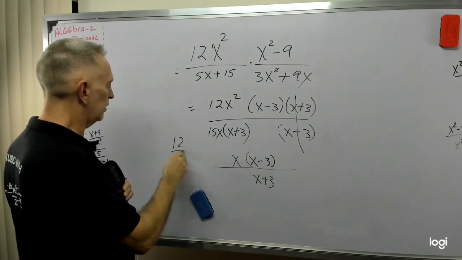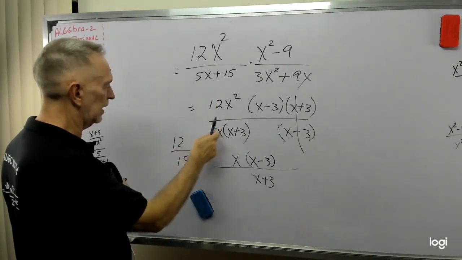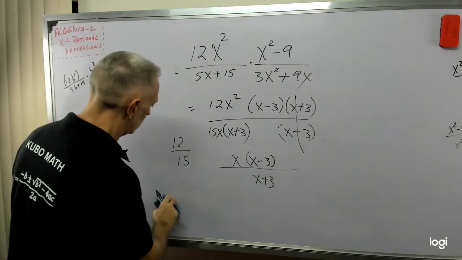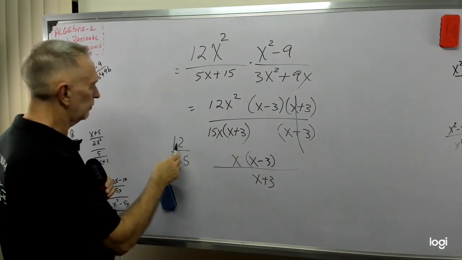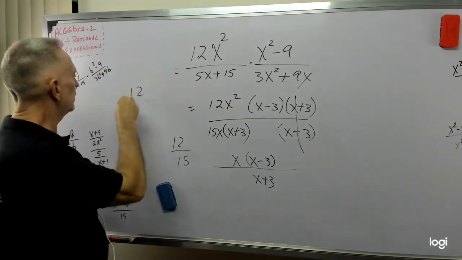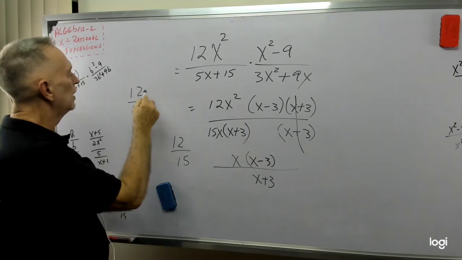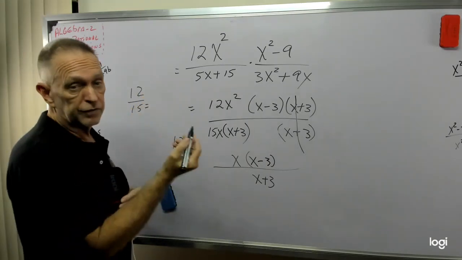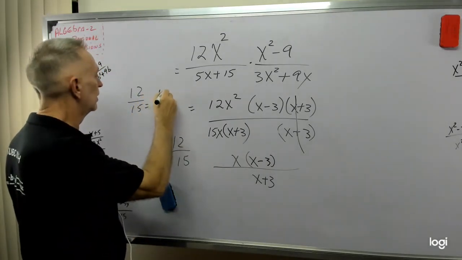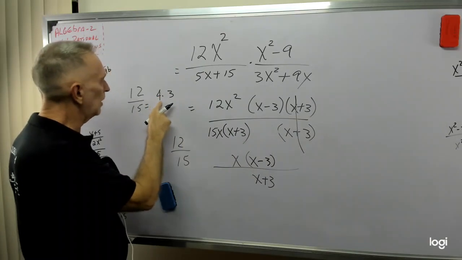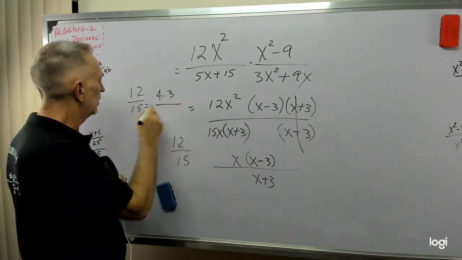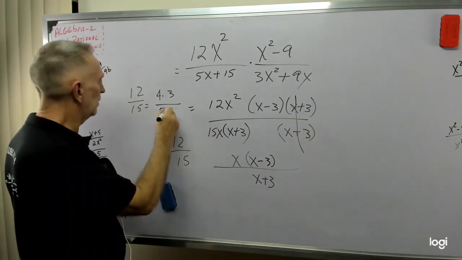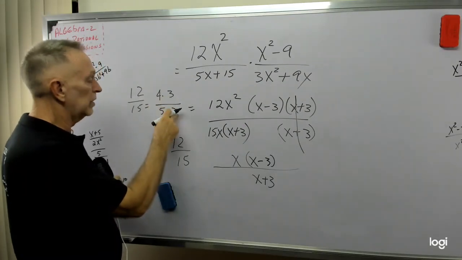Now I have 12 divided by 15 that I can reduce. Well, a simple way to reduce something, let's put it here, 12 over 15. What does 12 equal? It's 4 times 3. You could say 2 times 2 times 3, divided by 5 times 3. What's 3 divided by 3?